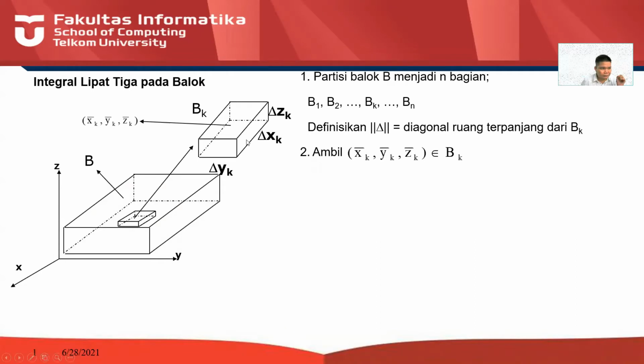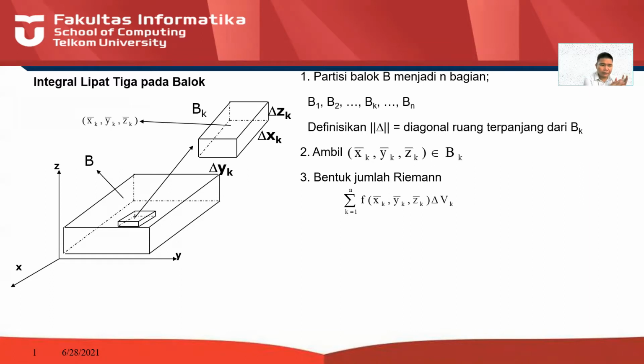Then if we take an average value of xk, yk, and zk in the box Bk, this represents the position of Bk. And then we take the Riemann sum, just as in the double integral.